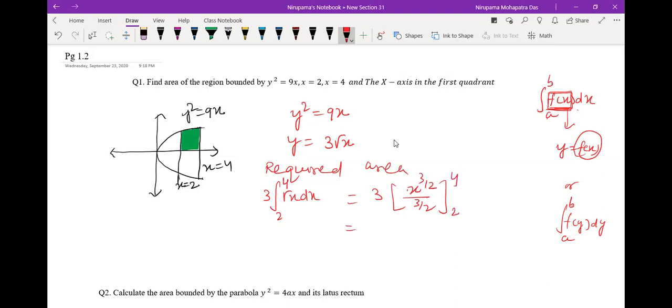That is 3 into 2 by 3, times 4 to the power 3 by 2 minus 2 to the power 3 by 2. So you get twice of 4 to the power 3 by 2, which is 8, minus 2 to the power 3 by 2, that is 2 root 2. So you have 16 minus 4 root 2 square units. That's it.